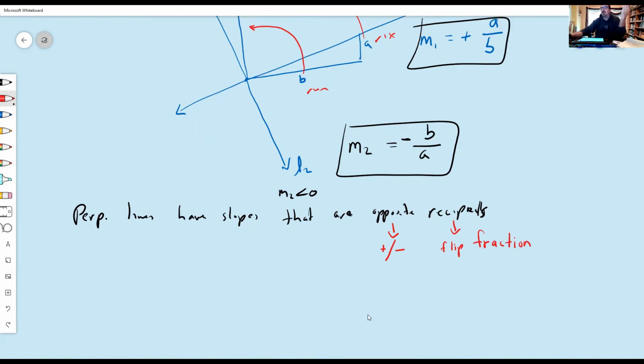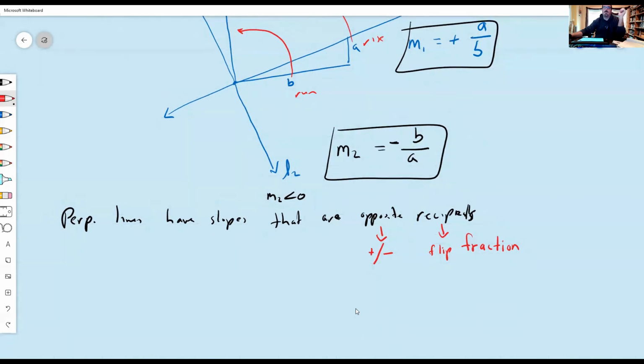All right. A little more mathy about it is, a lot of times you'll hear us say in mathematics, if you multiply two slopes together, so m1 times m2, if they're perpendicular, their product is -1. So if you look at this, a times b times minus b over a. Well, that's minus ab divided by ab, which is just -1.